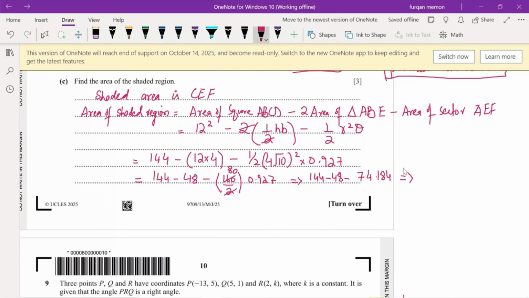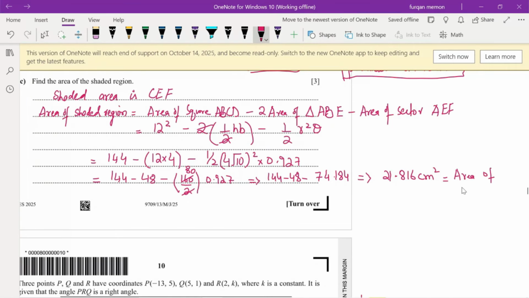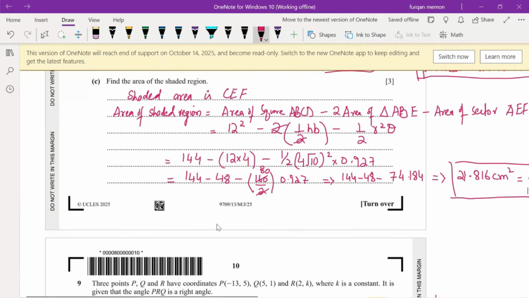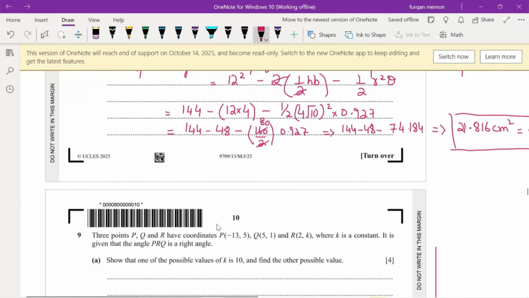Further solving, we will get 21.816 centimeter square. So the area of shaded region is 21.816 centimeter square. Okay, let's move to question number 9.